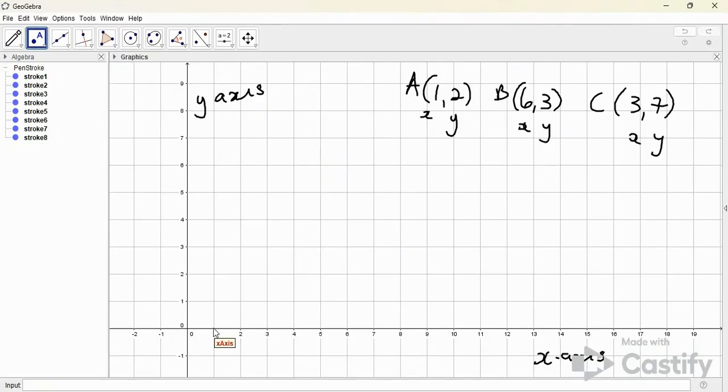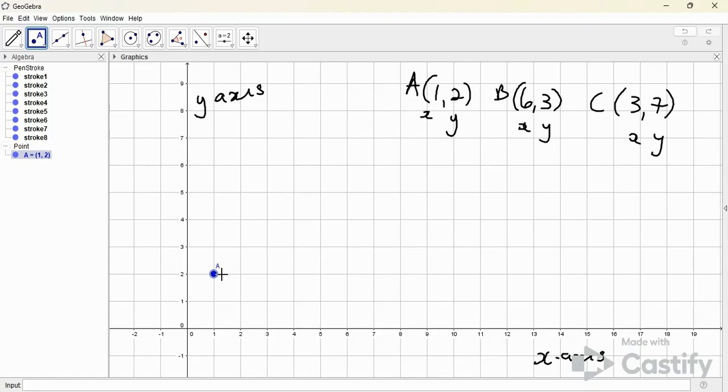That means I need to go up 2 places. So over 1 and then up 2 places. 1, 2. Place your point. Make sure that you highlight it so that whoever is marking or assessing your paper can see the point clearly. So right away we have point A. Then let's go over to point B.